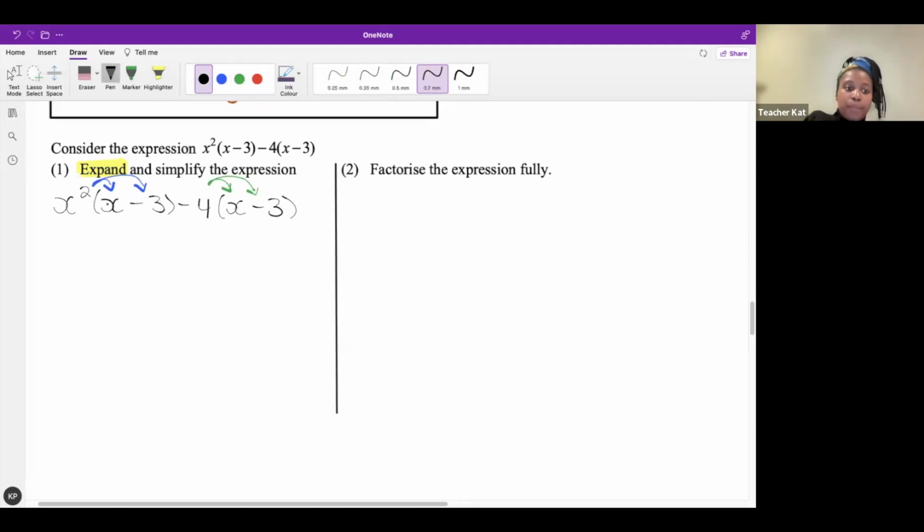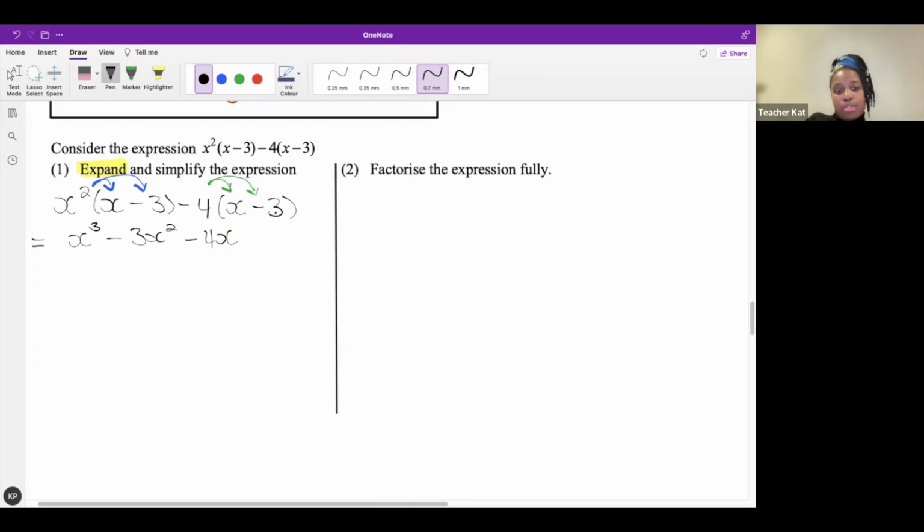Now let's get going. What is x squared times x? X cubed. X squared times negative 3, minus 3x squared. We're done with the first brackets, and then negative 4 times x. That's negative 4x.